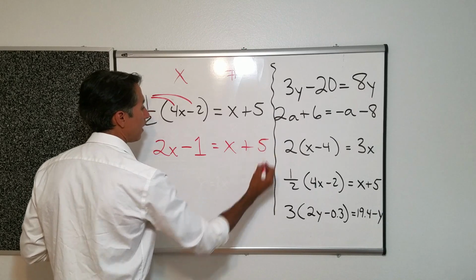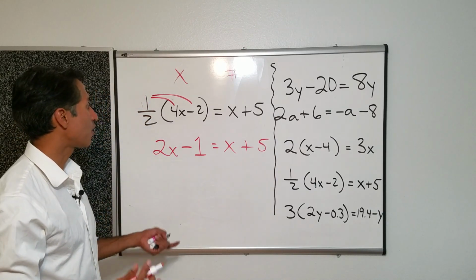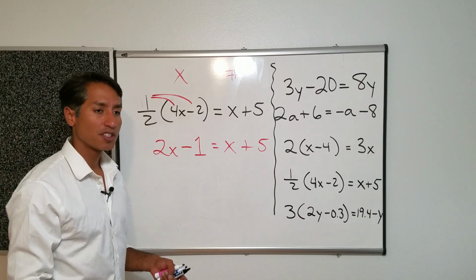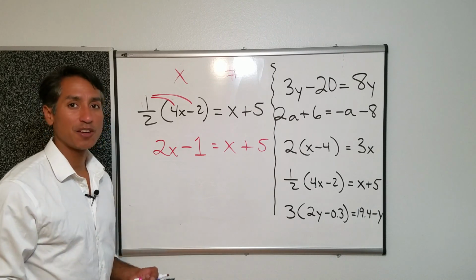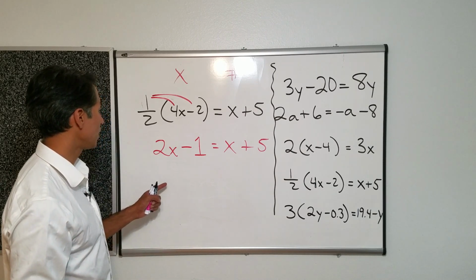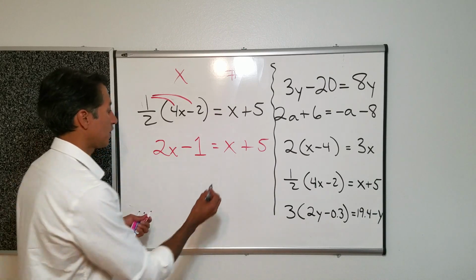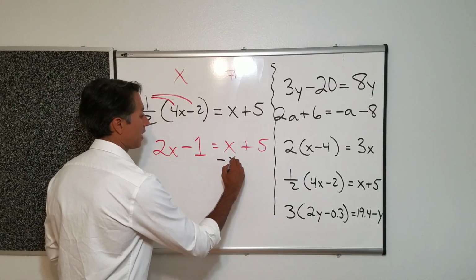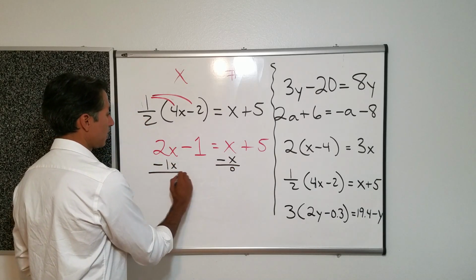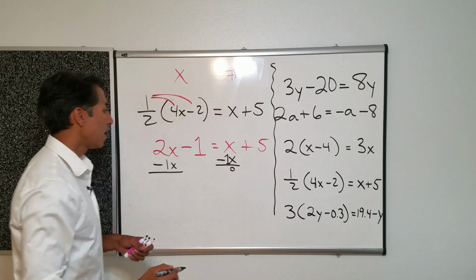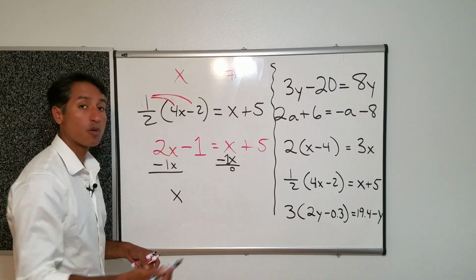x plus 5. Once you're to here, like I said, it doesn't matter what side the x's are on. So if you're starting to get more comfortable with this, I would say look for the easy route out. In this situation, I had 2 x's over here and 1 x over here. If I subtract 1x from this side and subtract 1x from this side, I guess I could put a 1 in there, I end up with 1 unit of x that's left in the equation.